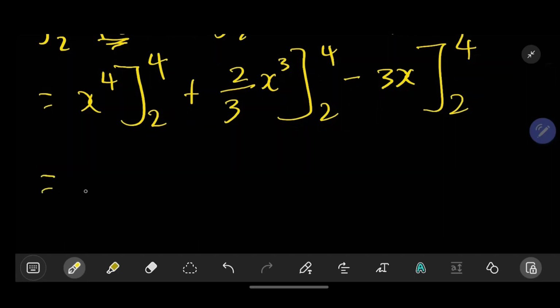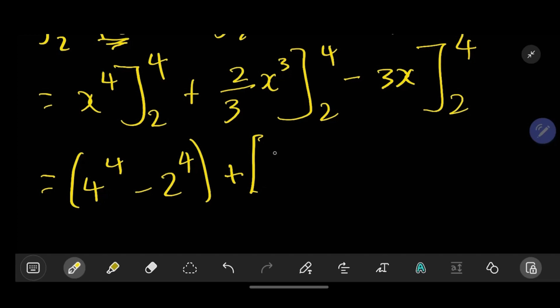So we're going to have here 4 to the 4 minus, we're going to plug in 2 here, so that's going to give you 2 to the 4 as well, plus. Okay, in here we're going to have 2 over 3.